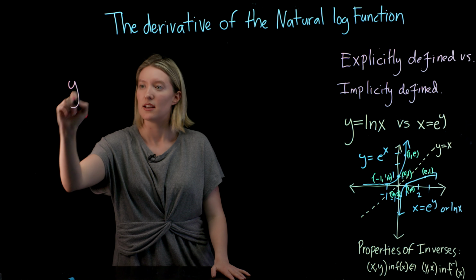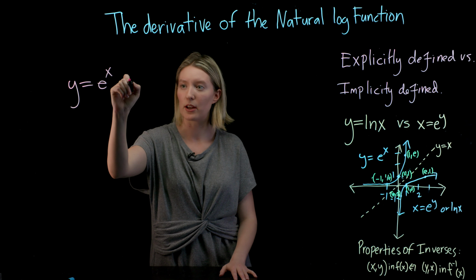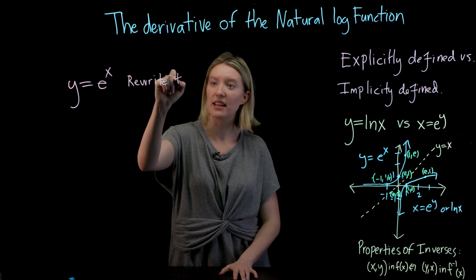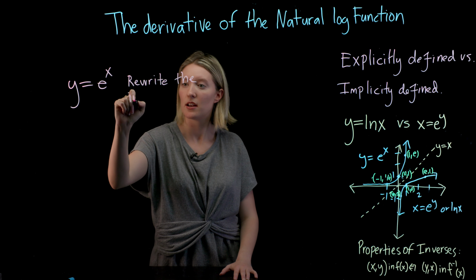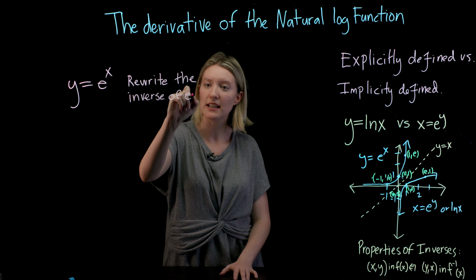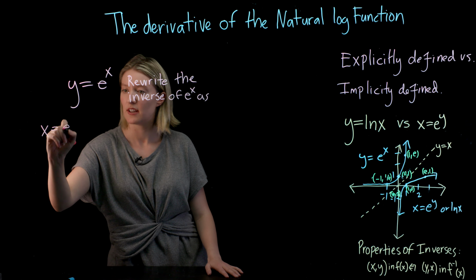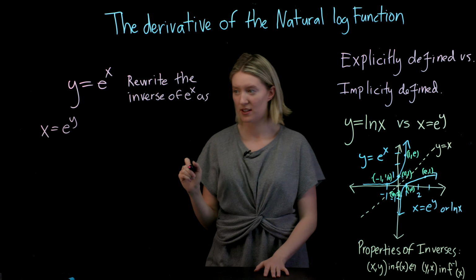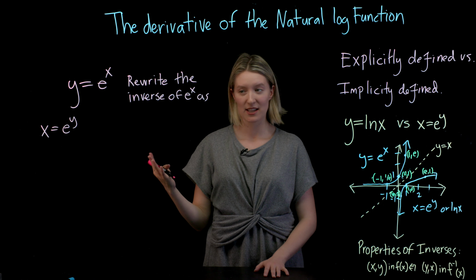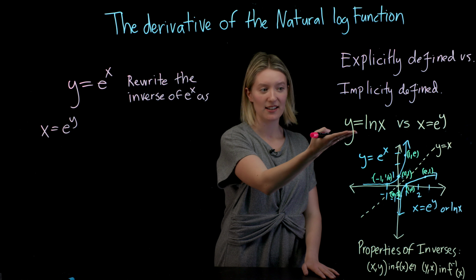So if I have y equals e to the x as my function, I can rewrite the inverse of e to the x as x equals e to the y. This is confusing because we may be used to seeing the inverse function of e to the x as an explicitly defined function.